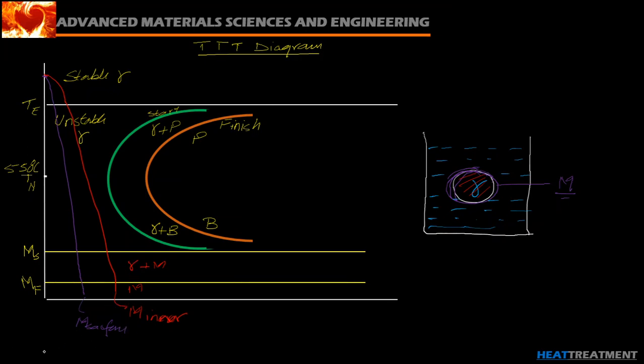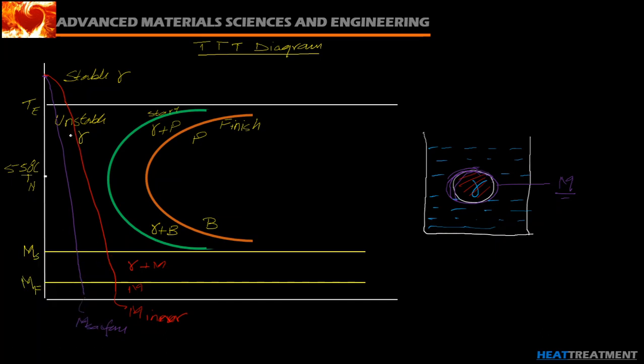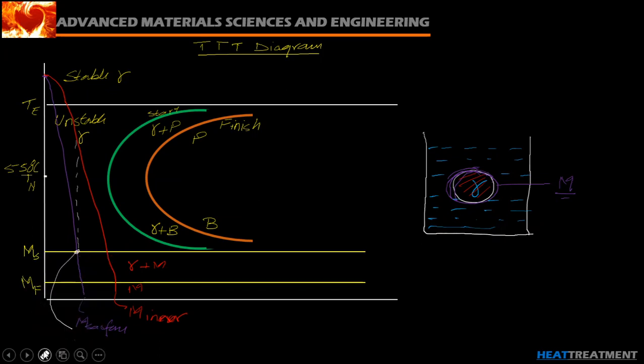Now if we see here, once the surface starts to transform from austenite to martensite, still inside is warm and it is in the form of austenite.